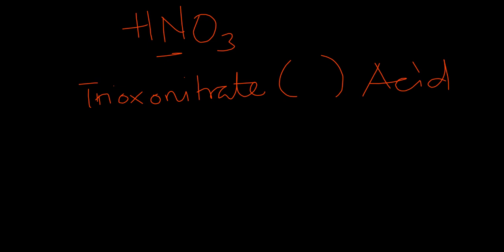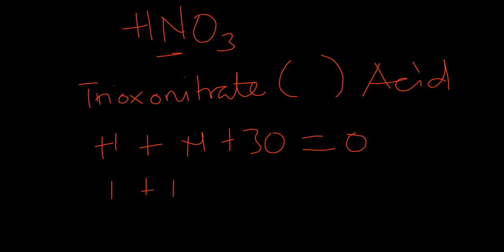That will be hydrogen plus nitrogen plus 3 of the oxygens equals to the charge of the compound, that's 0. That's plus 1, that's the charge of the hydrogen, plus nitrogen, plus 3 times the charge of the oxygen, which is minus 2, equals to 0. That will give us 1 plus nitrogen minus 6 equals to 0.